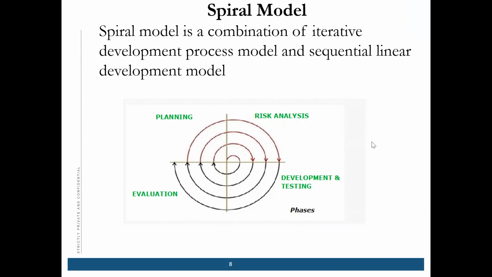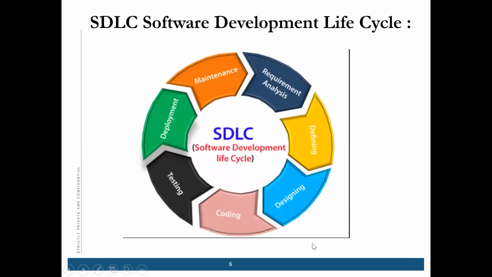So that is iterative. We are doing this process again and again. We do the planning, again we do this whole thing again and again. Why? Requirement analysis is coming again. New requirements are coming. This is called agile process.